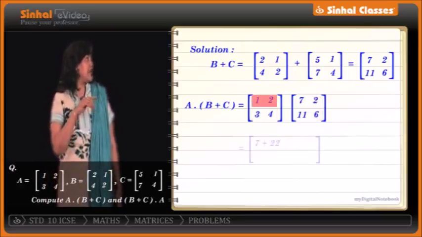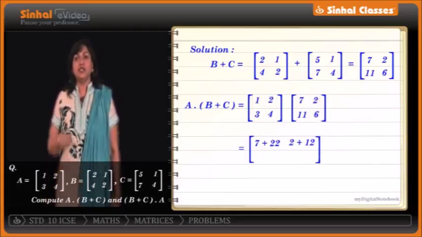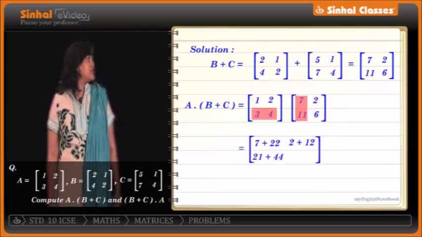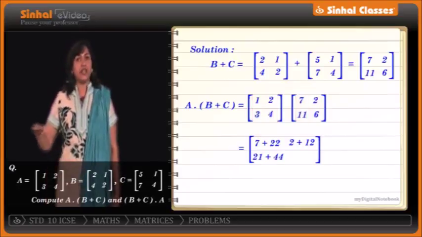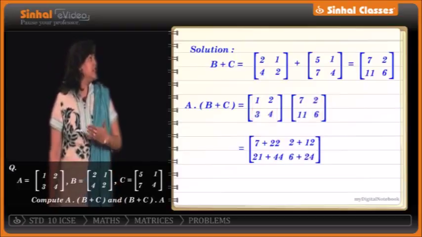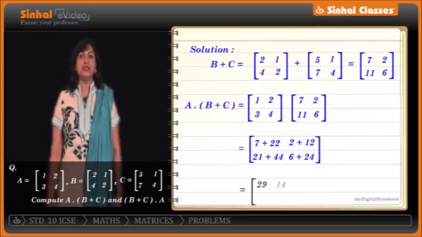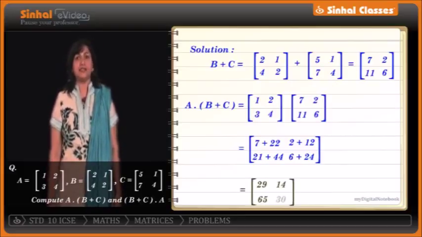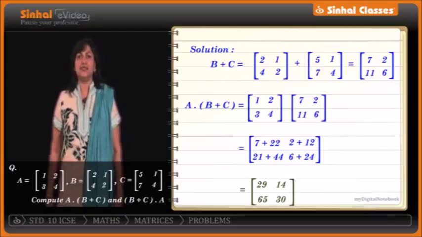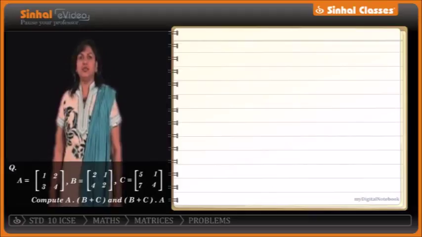We get 7 plus 22, then second element 2 plus 12, third element 21 plus 44 and the fourth element as 6 plus 24. So we simplify to get 29, 14, 65 and 30. That's the answer. Now we are also asked to find B plus C into A.